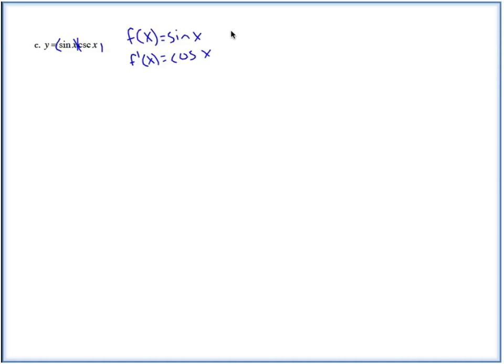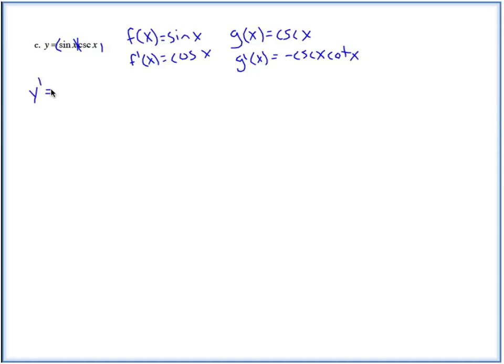And then looks like g of x is cosecant x. That's going to make g prime equal to, let's see, so the derivative of cosecant is negative cosecant cotangent. So let's go ahead and put this into our product rule.